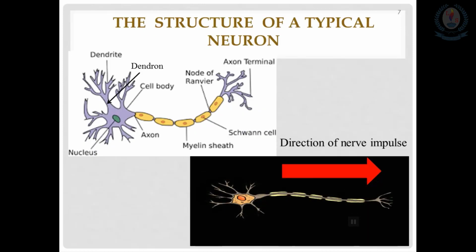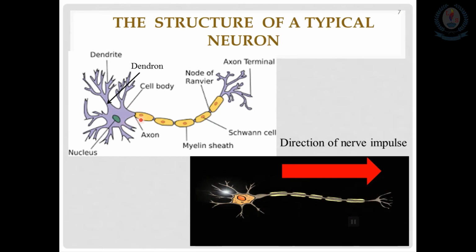Let's look at the structural components of a typical neuron. The neuron is a very fascinating portion of the nervous system, which is also known as the nerve cell. The structure of the neuron offers key features to help it transmit messages across relatively long distances. To begin with, it has a cell body which houses the cell's nucleus.